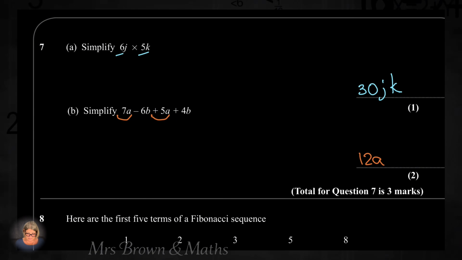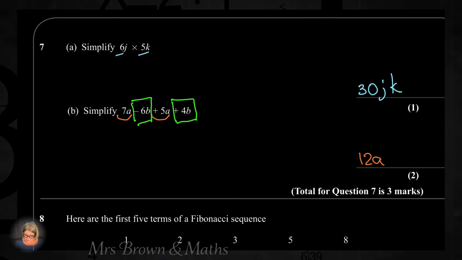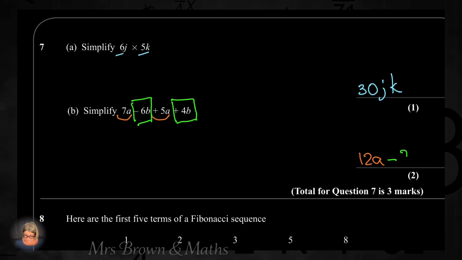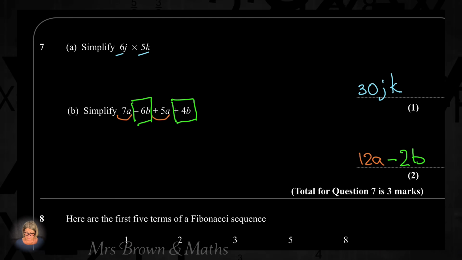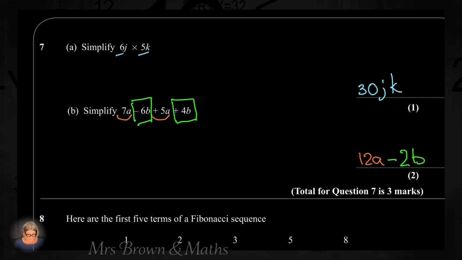Then let's have a look at b terms. Minus 6b plus 4b will be minus 2b. So 1 mark for 12a, 1 mark for minus 2b.